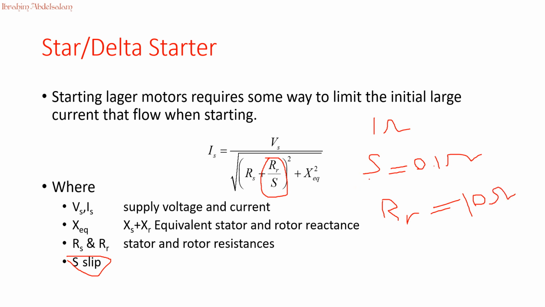So at high speed the induction motor takes much less current than it takes at low speed, based on this equation and our understanding of the effect of the motor slip.